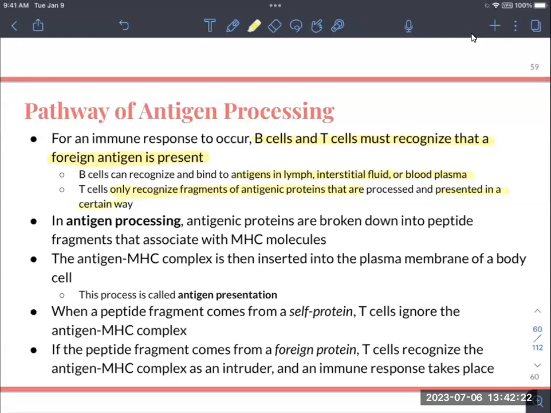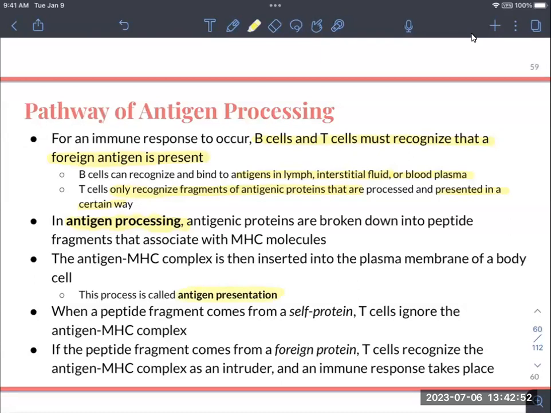So this antigen processing is where we take these proteins that are broken down into peptides that associate with these MHC molecules. The antigen MHC complex gets inserted into the plasma membrane of our cells. This is antigen presenting.